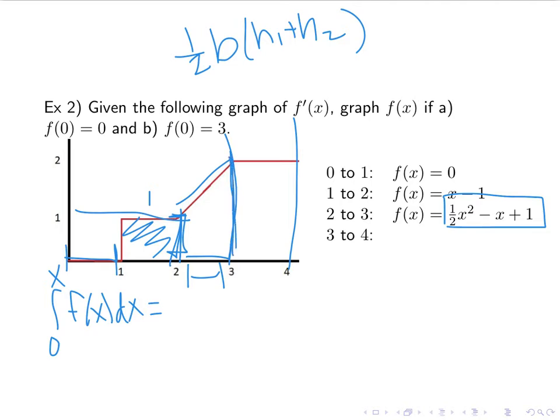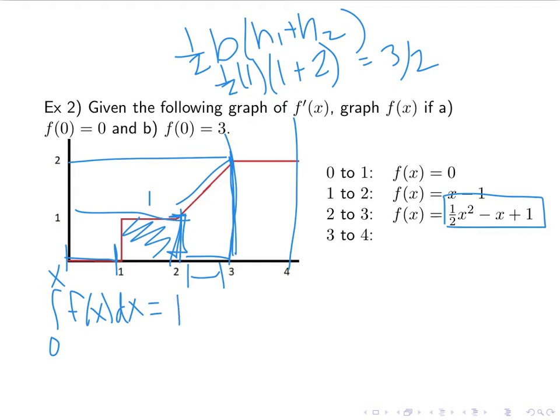My second height is 2. So I've got 3/2. Okay, so my area from 1 to 2 is 1. My area from 2 to 3 is 3/2.